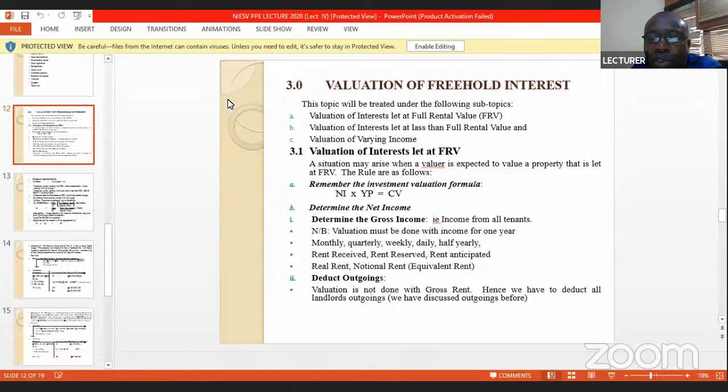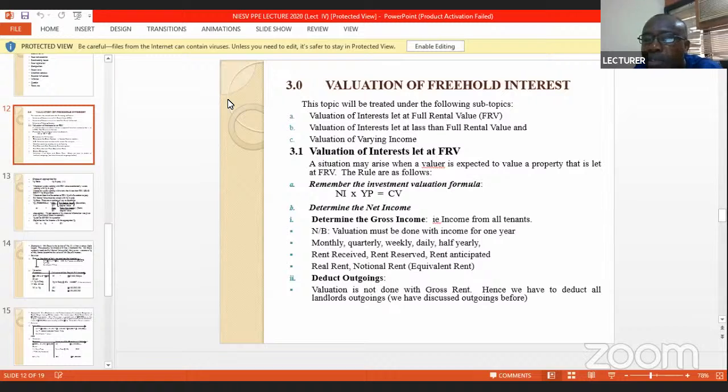In valuation also, you need to be sure whether the income is rent received, rent reserved, rent to be received, or anticipated rent. You also have to check whether the rent is real or notional.